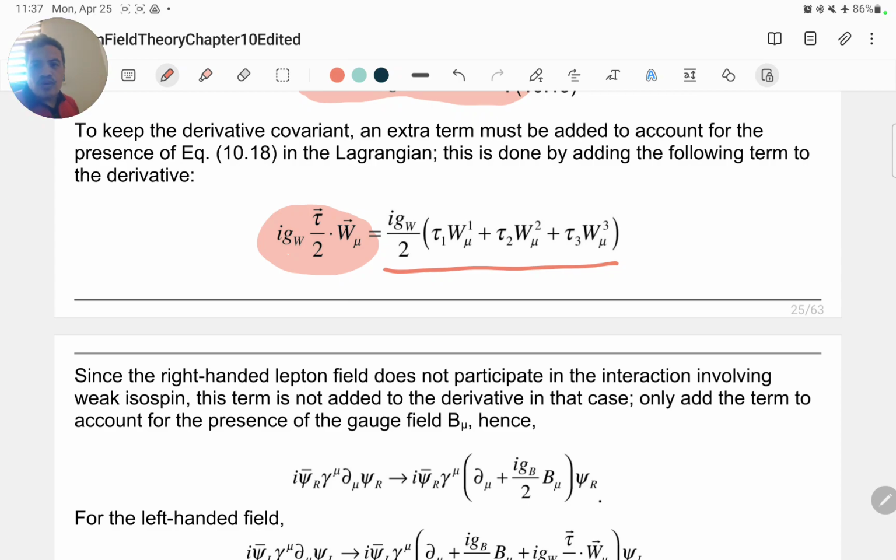Again, to keep the derivative covariant, an extra term must be added to account for the presence of the three fields in the Lagrangian, and this is done by adding the following terms to the derivative here.